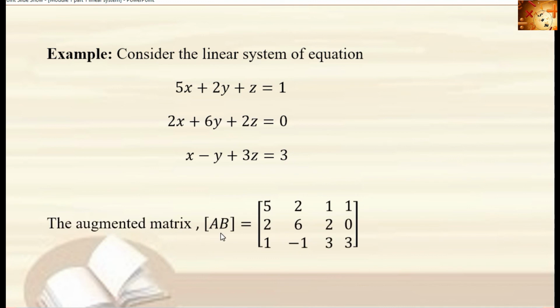Therefore, the augmented matrix is a matrix with elements of A and B. So here matrix A, that is 5, 2, 1, 2, 6, 2, 1, minus 1, 3, along with the elements of B, that is 1, 0, 3. Therefore here the augmented matrix is 5, 2, 1, 1, 2, 6, 2, 0, 1, minus 1, 3, 3.